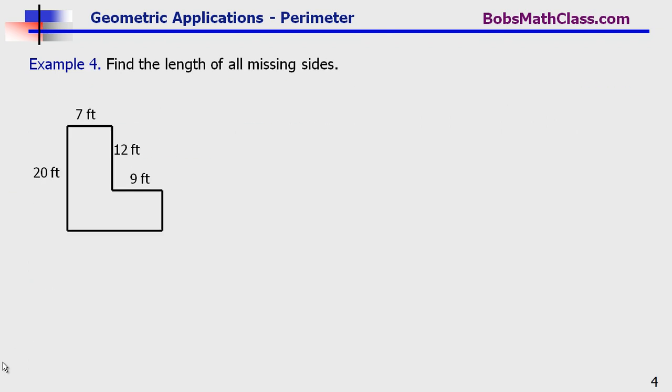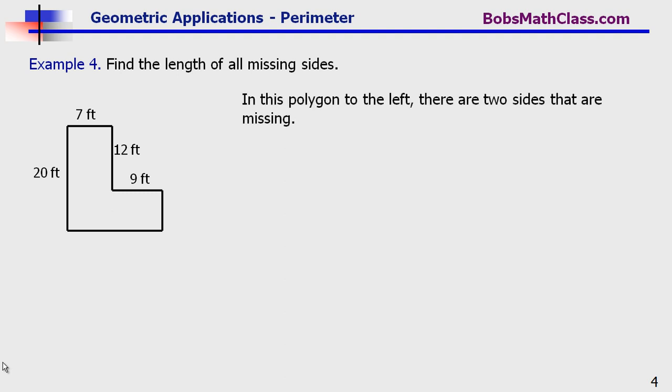Okay, find the length of all missing sides. This time there are 2 missing sides. We'll label them X and Y just so that we could determine which one we're talking about. Let's look at the vertical line segments. The largest one on the left is 20.